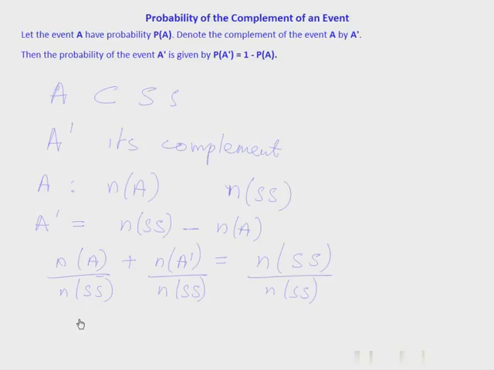NA by NSS is simply the probability of event A, and NA dash by NSS is the probability of event A dash, and NSS by NSS is the probability of the sample space, which is of course 1. Because if you're looking for the probability of the sample space, you're basically saying what is the chance that any outcome can occur, and of course one of the outcomes has to occur, so the probability is 1. And we have the result we want. P(A) plus P(A dash) equal to 1, or P(A dash) is equal to 1 minus P(A).